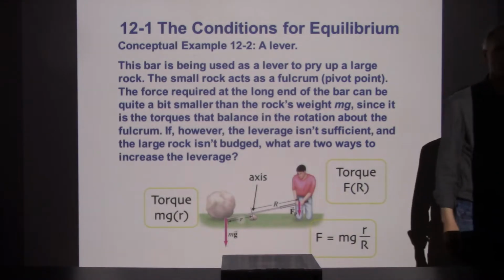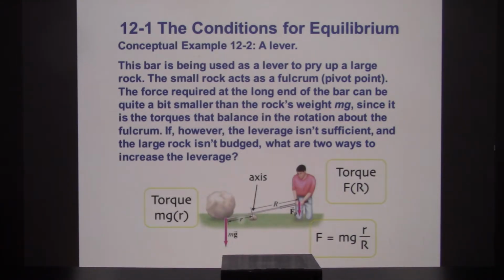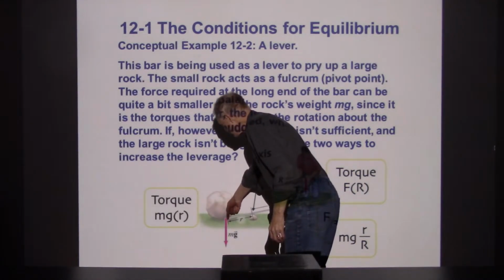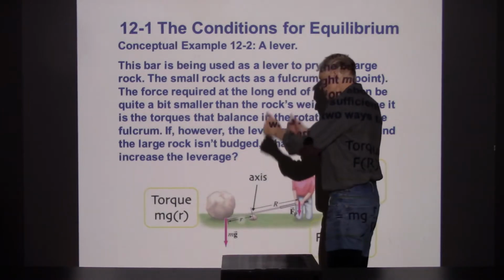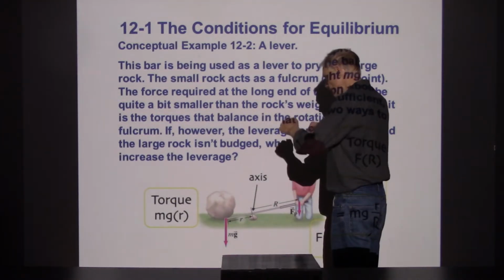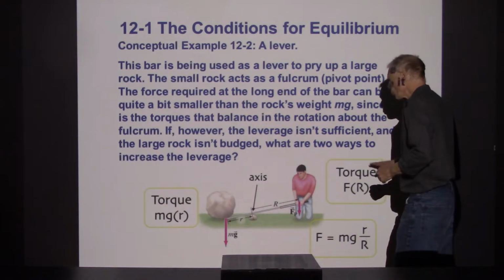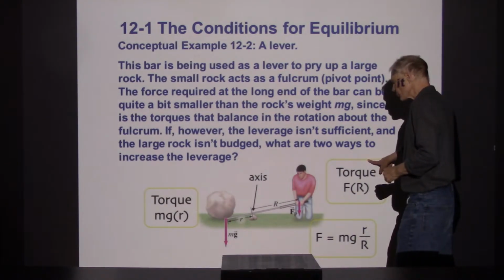Now what does that do? It amplifies the force. This is remarkable. But let's say that the rock has a gravitational force acting on it of mg. We need to be able to offset mg in order to lift it. And so we can look at the torques on the two different sides.